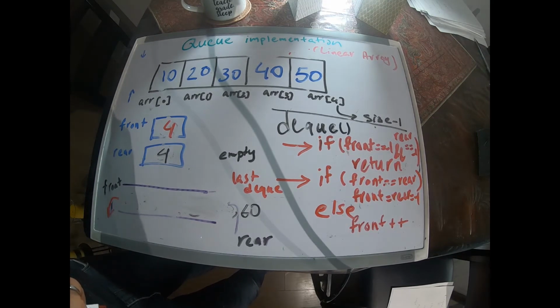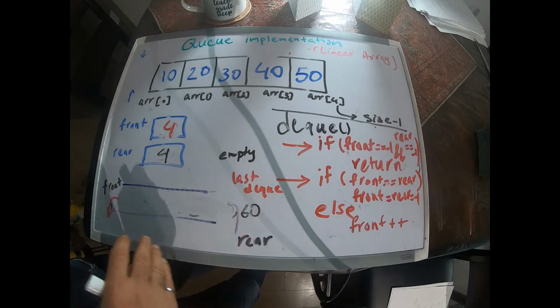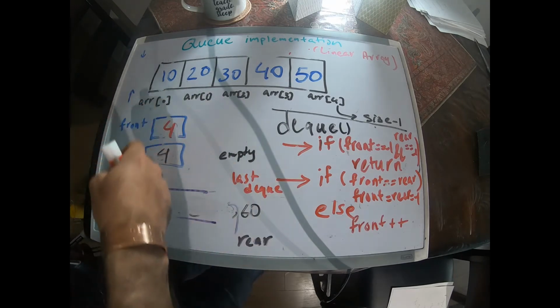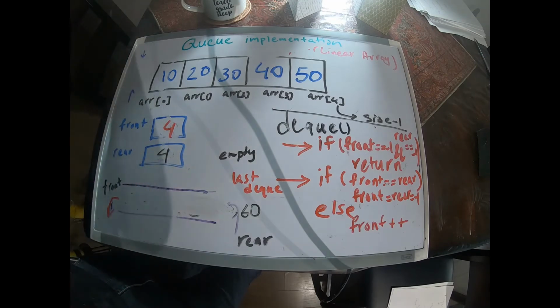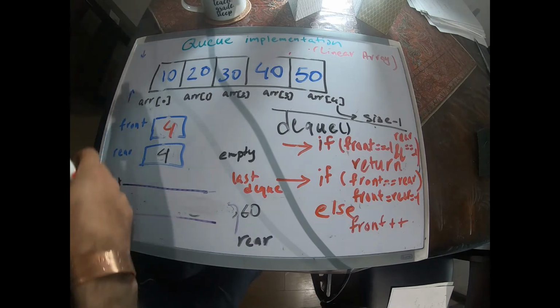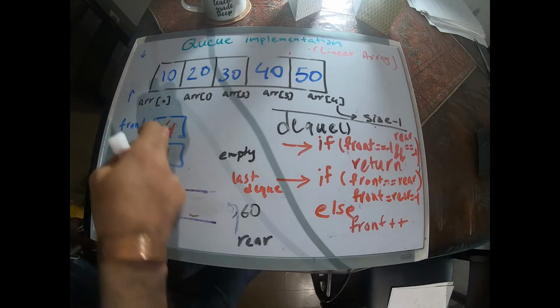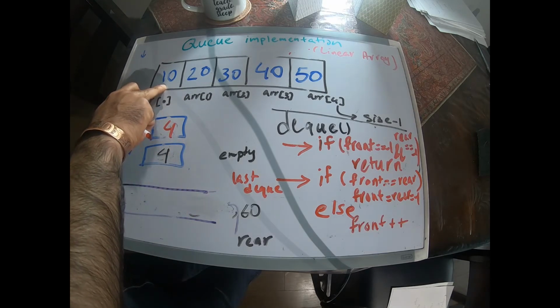Okay, if you want to display the Q, you only have to write a loop that goes from the front to the rear and just display the Q. If you want to write the front function, you would just have to return A front.